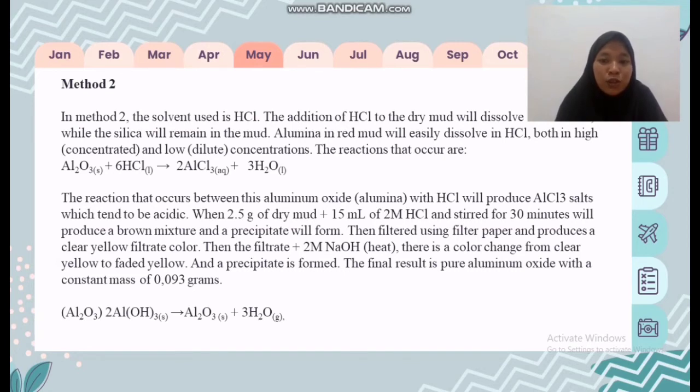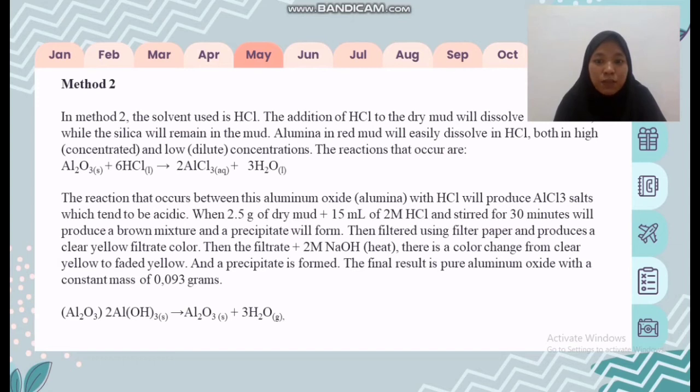When 2.5 gram of dry mud plus 15 ml of 2 molar HCl is stirred for 30 minutes, a brown mixture and precipitate will form. Then filter using filter paper and produce a yellow filtrate color.